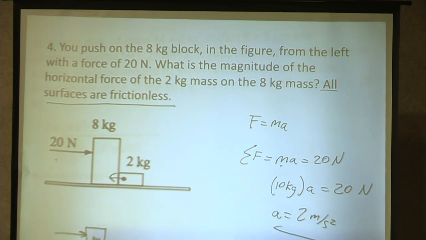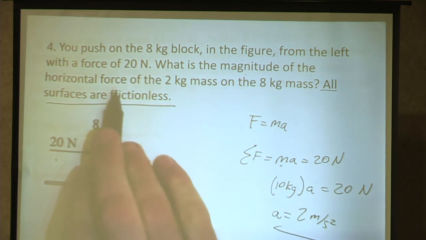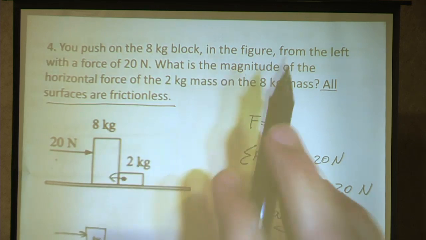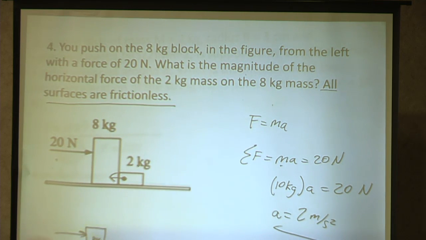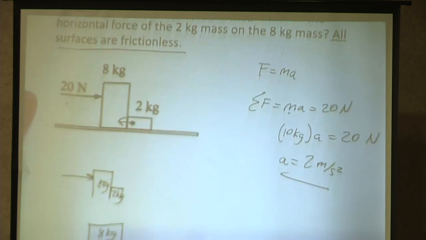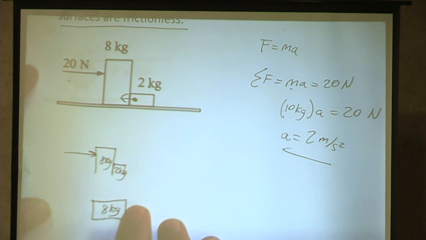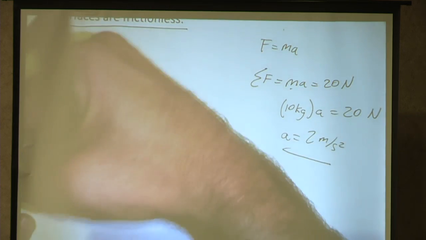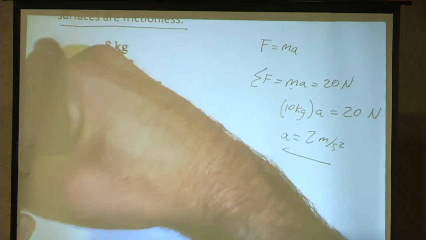So what we're really looking for is the magnitude of the horizontal force of the 2 kilogram mass on the 8 kilogram mass. So I'm going to draw this 8 kilogram mass. This is going to be our new system, if you will. So here we have 8 kilograms. Now, we know we have a 20 newton force pressing on it, right?